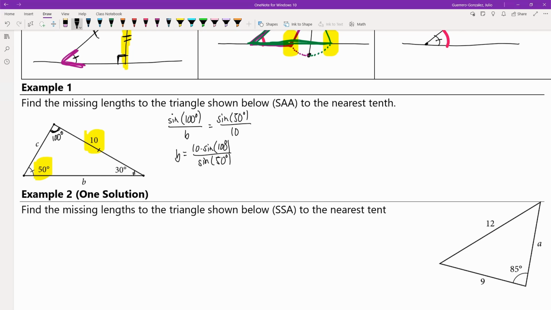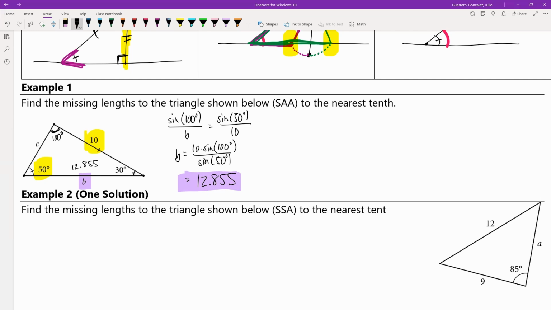And this is degrees. Please make sure that when you are computing these out on your calculator, there's no way you're going to be able to do this without a calculator now, that your calculator is set to degrees. Make sure it is set to degrees. So then if I actually plug this into a calculator, I get 12.855. That is going to be our B. So this is going to be 12.855.